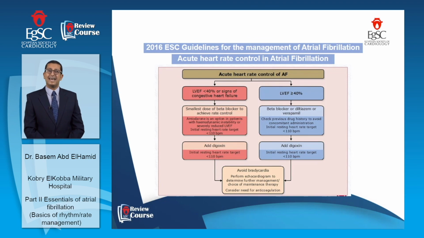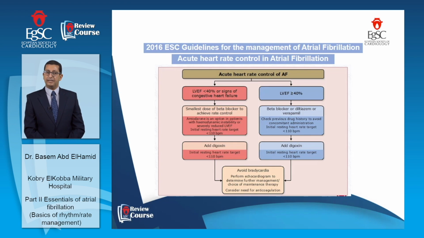This diagram shows the acute heart rate control in atrial fibrillation. On the right side, when the ejection fraction is equal to or more than 40%, start with beta blockers or diltiazem or verapamil. Check the previous drug history of the patient, of course, to avoid concomitant administration. Our aim is less than 110 beats. If failed, add digoxin.